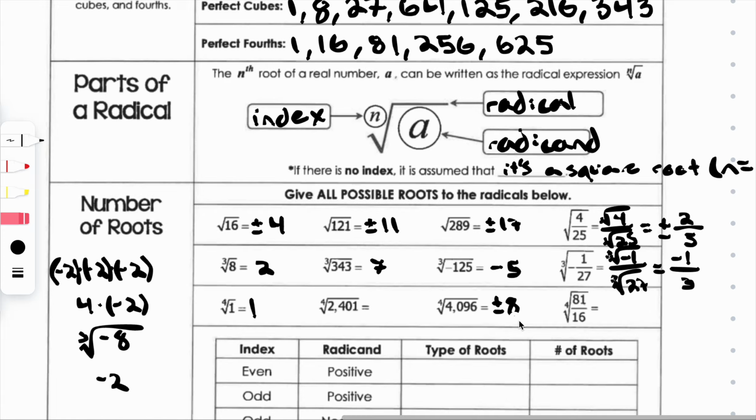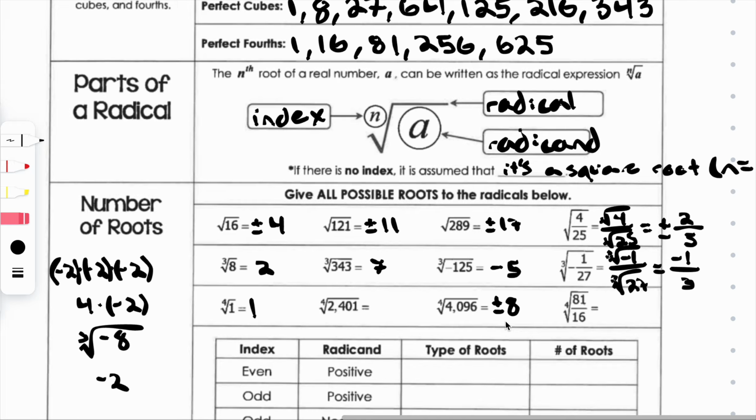And if I were to do positive 8 times positive 8 times positive 8 times positive 8, I get 4,096. If I were to do negative 8 times negative 8 times negative 8 times negative 8, I also get positive 4,096 because we have 4 negatives, and that means those essentially cancel out.